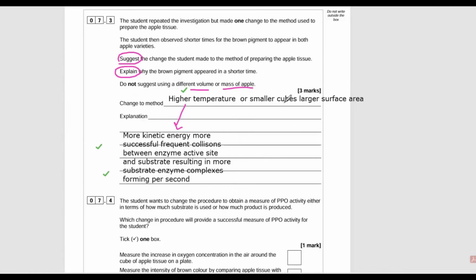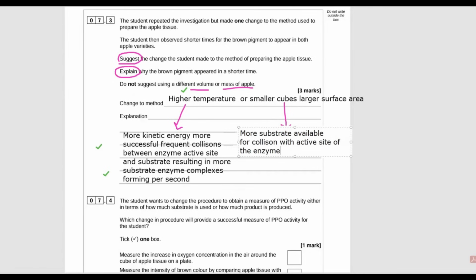Now, if you went down the surface area route, what we want to do is slightly different answer, but pretty much, you're just changing the kinetic energy. So you're going to say more substrate available. You've made more surface available, so more substrate available for collision with the active site of the enzymes.